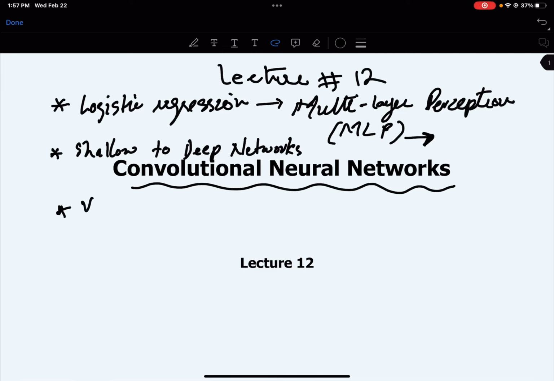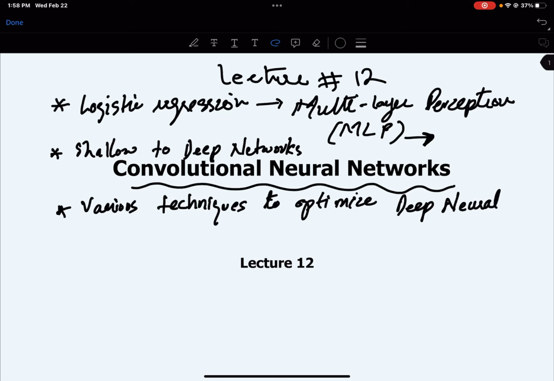We studied various techniques to optimize deep neural networks.